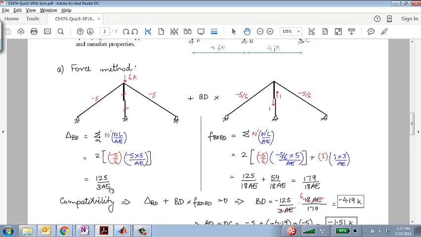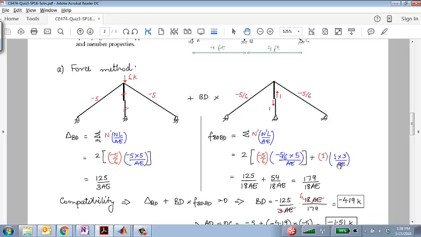What you get was 125 over 3 AE, and you find the flexibility at the cut. So this was a common mistake that I saw: in the flexibility, some students did not account for the flexibility of the cut member itself. That's why it's important not to remove the member, but to just make a cut in that member.